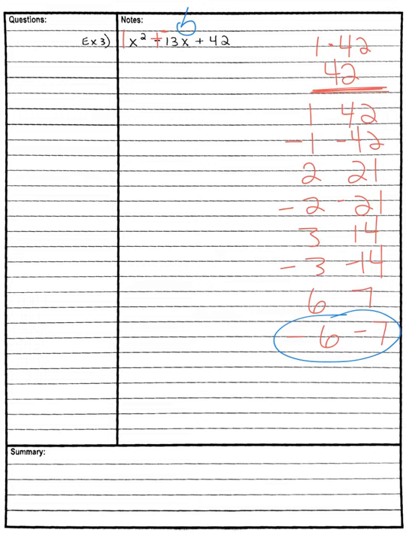Let's go ahead and substitute that in. And when I substitute it in, I have my x squared plus -6x plus -7x and plus 42.